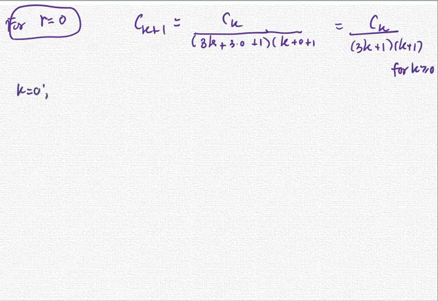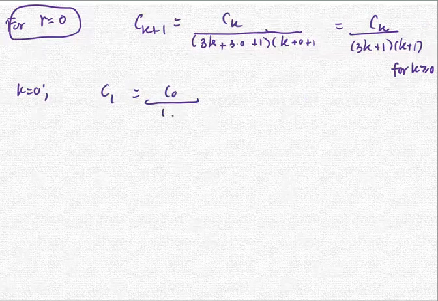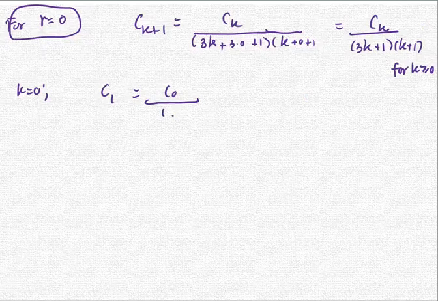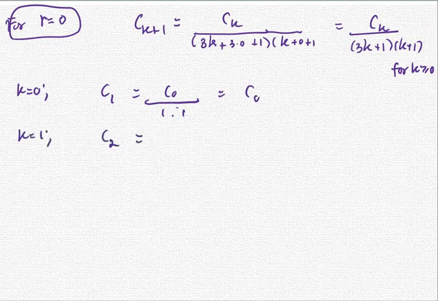Now for k equals 0, we obtain c1 as c0 divided by 1 multiplied by 1, or just c0. And for k equals 1, we get c2 equals c1 divided by 3 times 1 plus 1, that's the value 4, multiplied by 2, or 1/8 times c1, which is the same as 1/8 times c0.